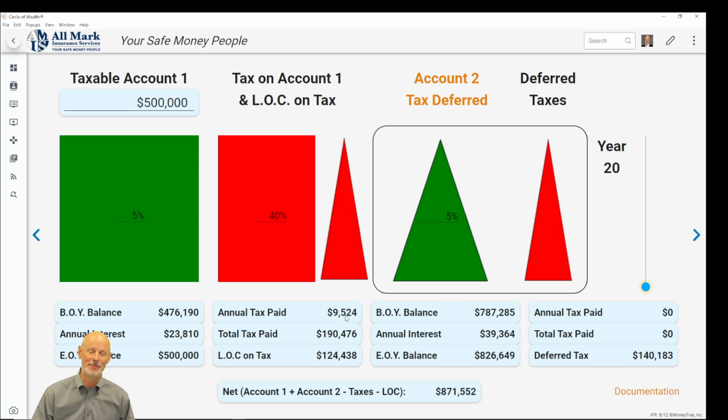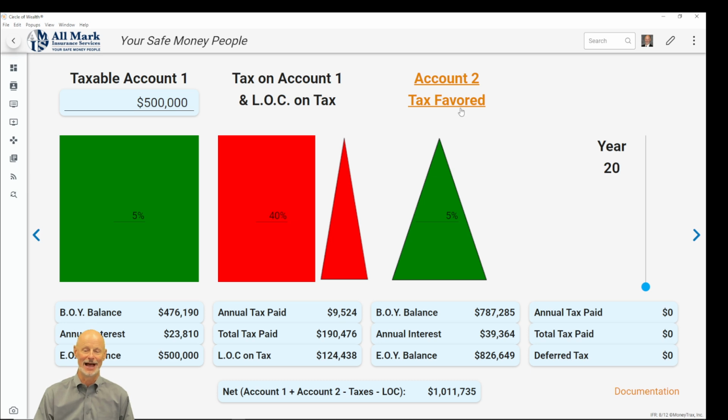The taxes we paid, so we take our net account over here, plus the taxes that we paid and our opportunity cost, and we end up with $871,552. So let's go out and take a look at what would happen if we move that to tax-free. So if we move that into tax-free as opposed to tax-deferred, we end up out here with $1,011,735, a little bit better.